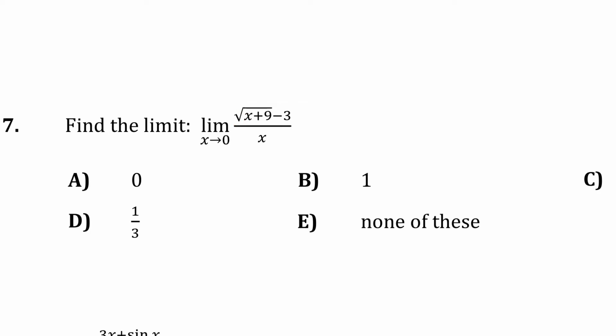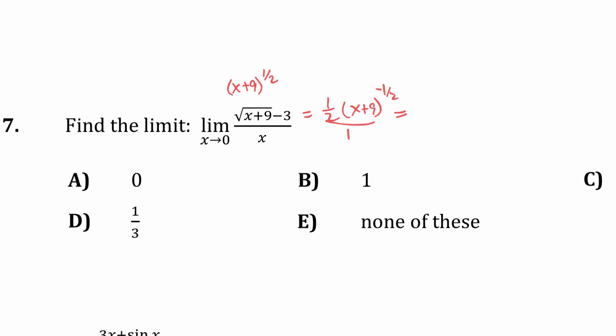Remember, this is x plus 9 to the 1/2. The derivative of this is going to be 1/2 times x plus 9 to the -1/2, and then minus 0. Who needs the minus 0? And then divided by the derivative of x, which is just 1.